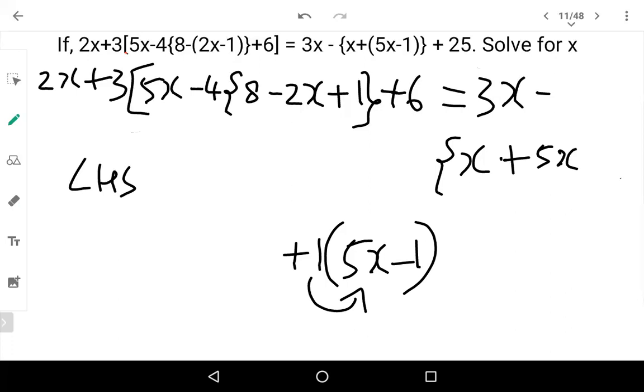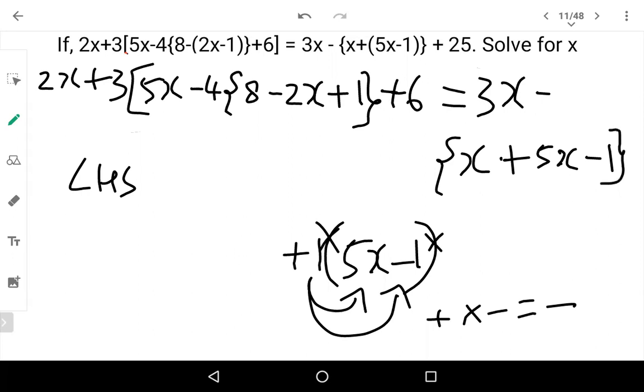Okay, plus 5x. Plus 1 into minus 1. Plus into minus is minus. So minus 1 into minus 1 is minus 1 only. Yeah, 5x minus 1. So now I have removed these two brackets. So what is remaining? There is flower bracket and after that it says plus 25.